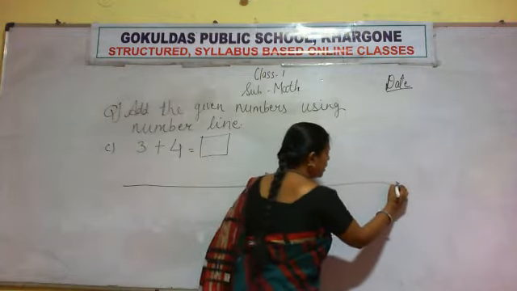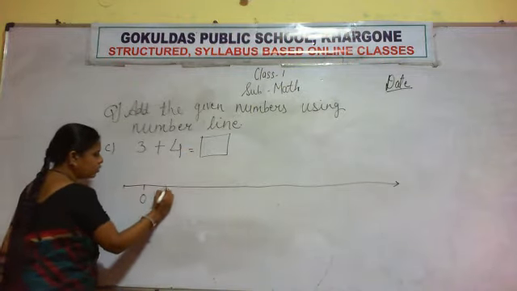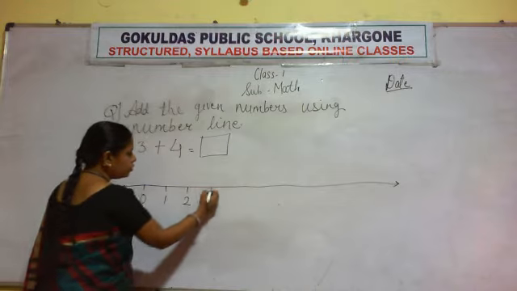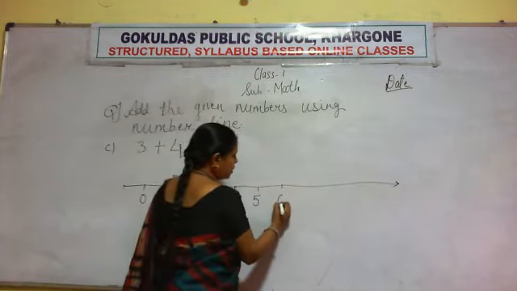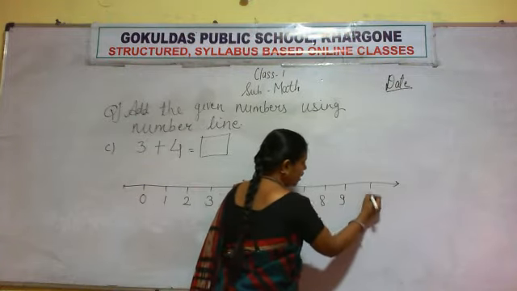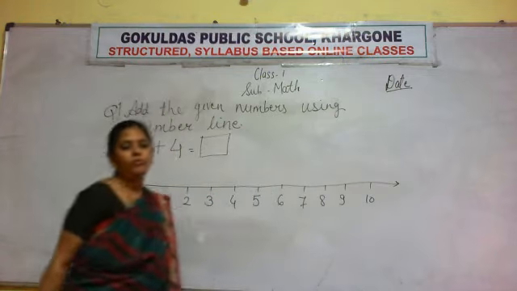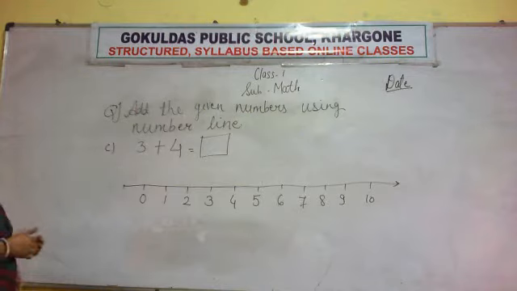Draw a straight line and write numbers from 0 to 10. 0, 1, 2, 3, 4, 5, 6, 7, 8, 9 and 10. In all the questions we have to draw a number line.